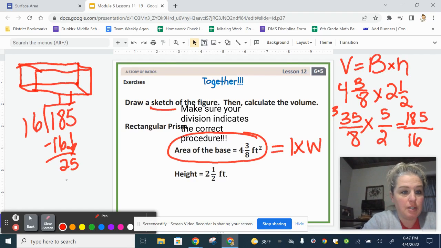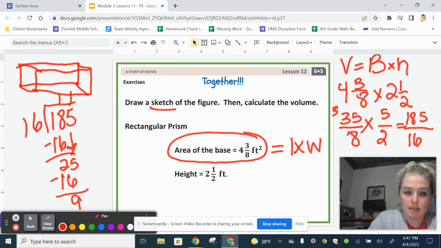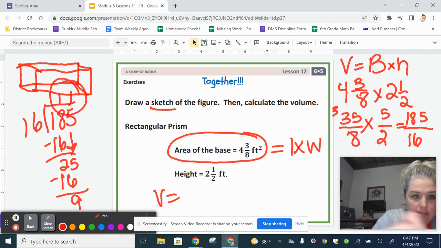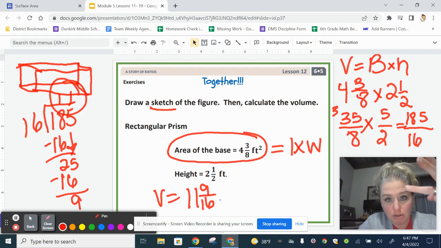That's too much. 16, subtract, we have 9 left. So my volume, I have 11 as my whole number, 9 as my numerator, and the denominator always stays the same. So 11 9/16. Now volume is to the 3rd power.